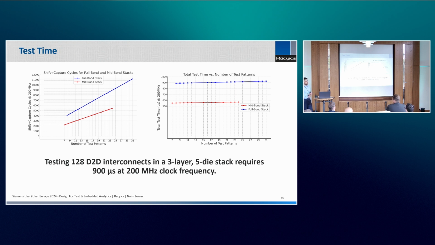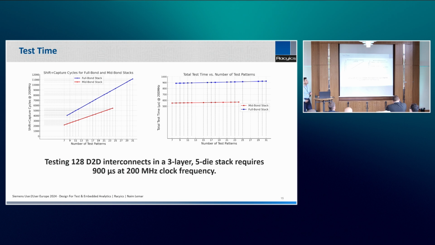shift and capture cycles. The majority of the time will be spent on test and SSN setup in the configuration of the 3D IC. Even if we increase the number of test patterns, which will happen if we have a large number of interconnects, if we look at the total test time, there will be no big differences.